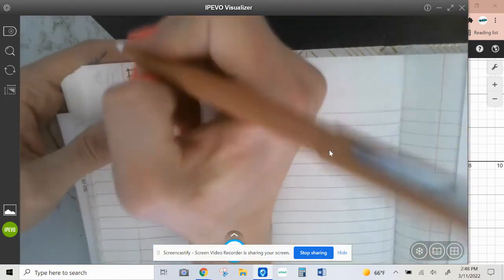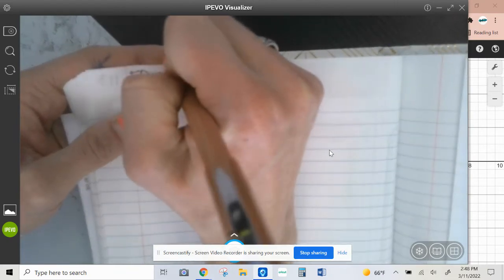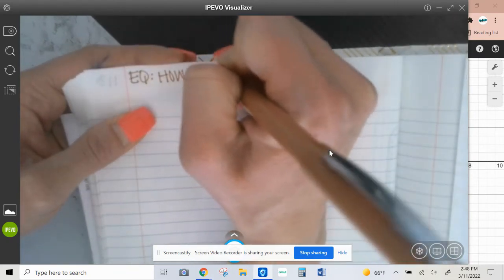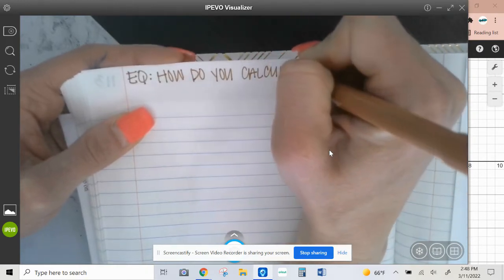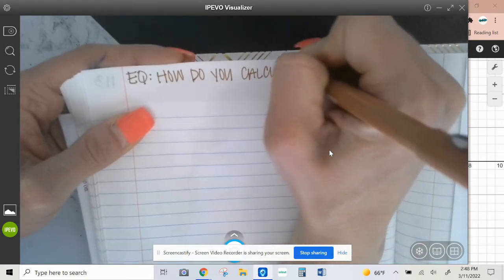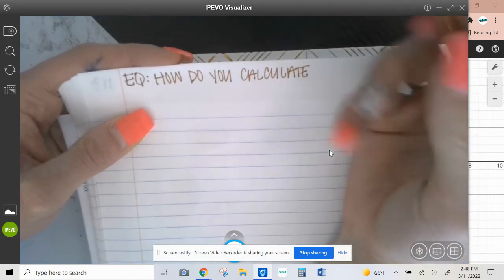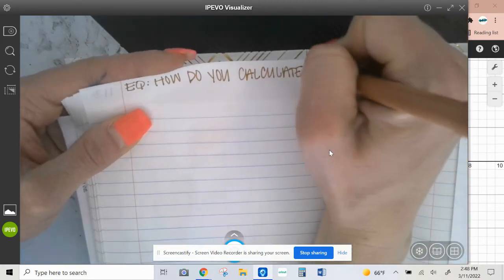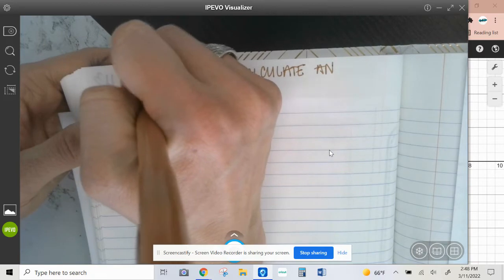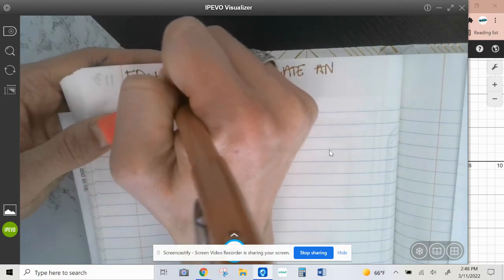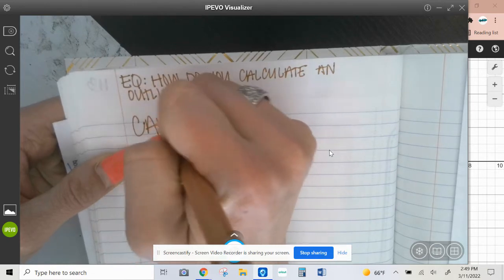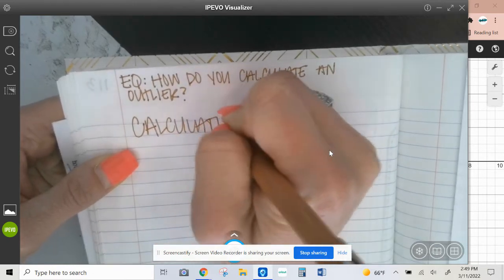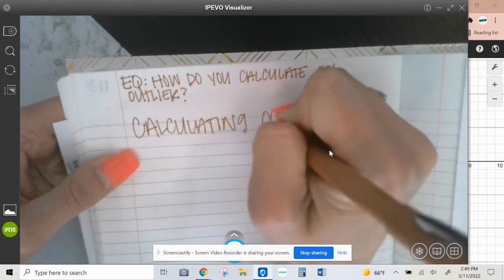So our essential question is we're going to actually look at how to accurately calculate an outlier. So we're going to title it literally Calculating Outliers.